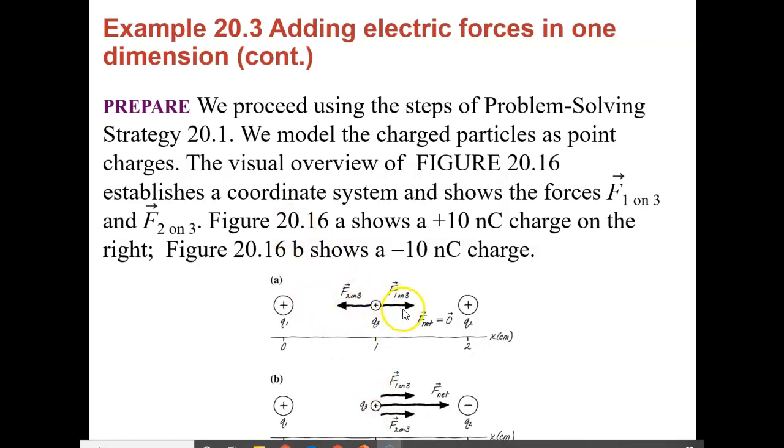The first one shows like charges, so they're repulsive. And in B, all the electric forces are pointing towards the negative charge. The two positive charges repel each other, and the positive and negative charge are attracting, so all the forces are going towards the right in this one.